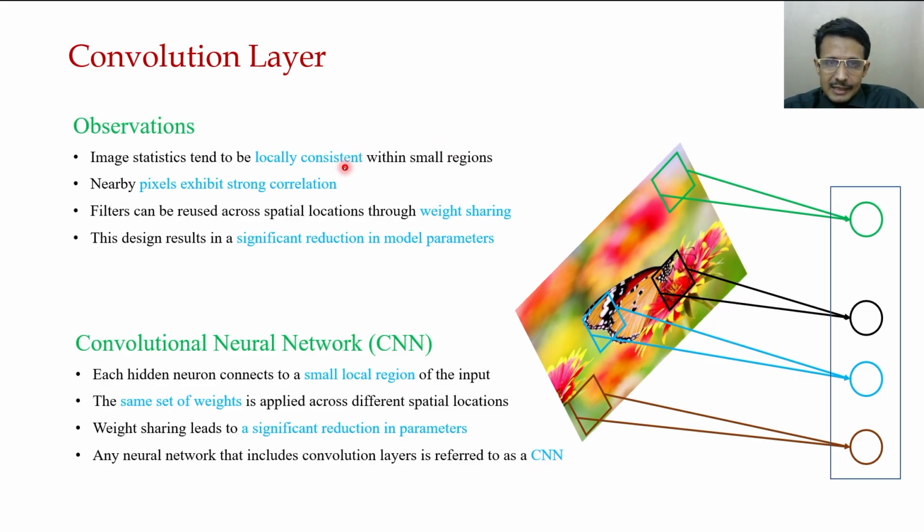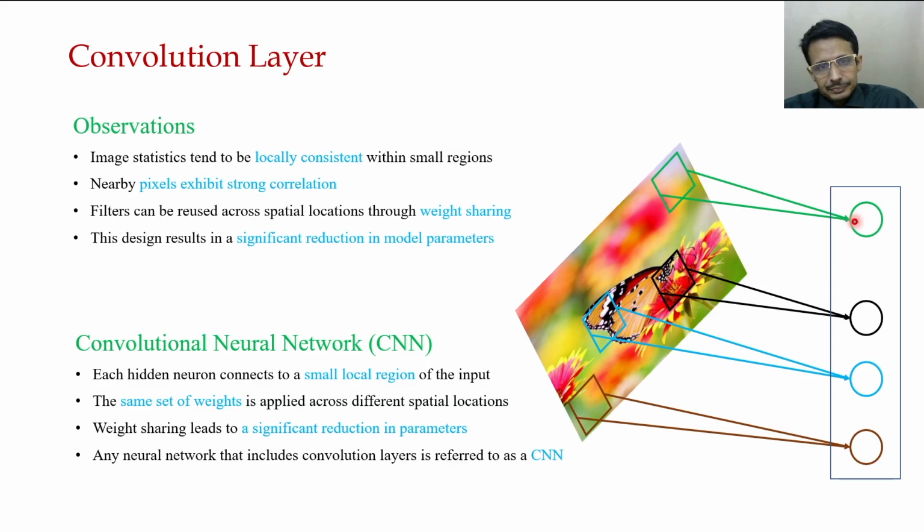As a summarization of the very first layer, in this convolution layer, because the input is an image, a local region or small image patch goes to a single neuron rather than the full image.